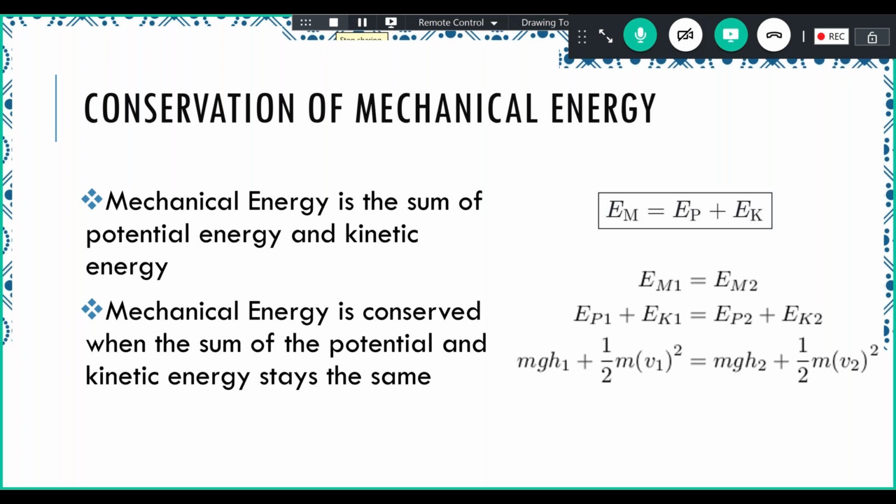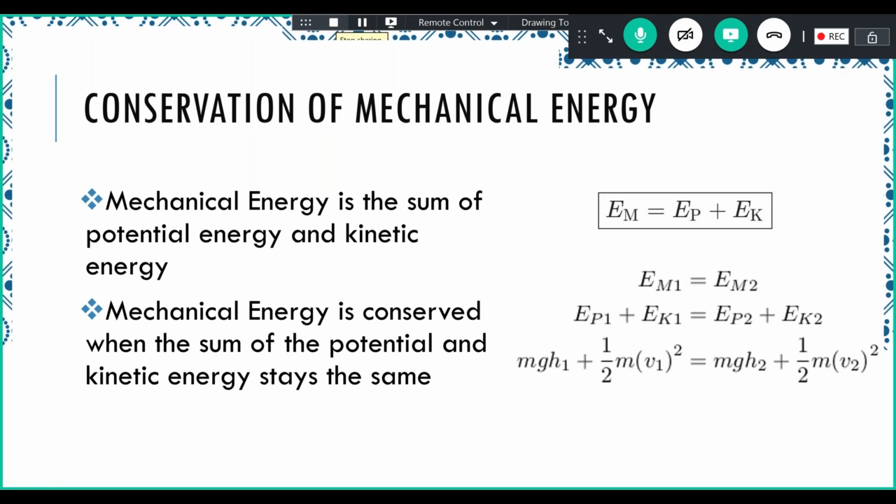Now, conservation of mechanical energy is basically saying that mechanical energy is conserved when the sum of the potential and kinetic energies stay the same before and after, or initially and finally.